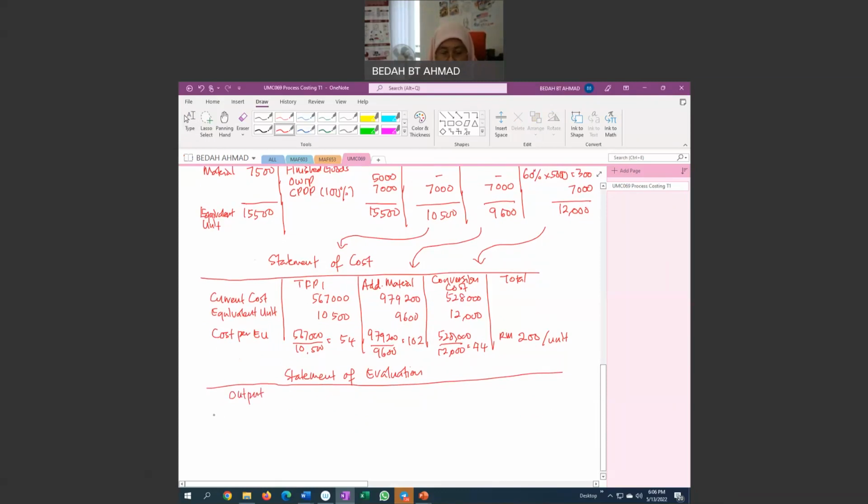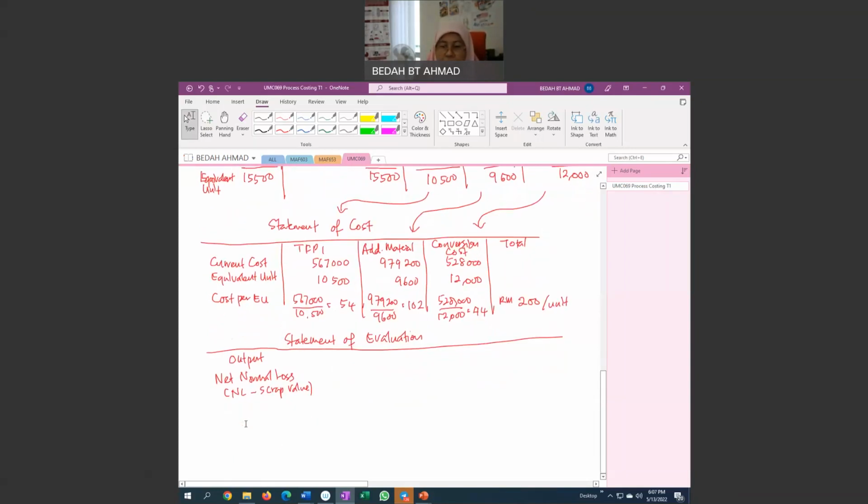We want to find the net normal loss value. So net normal loss value is the normal loss minus the scrap value.